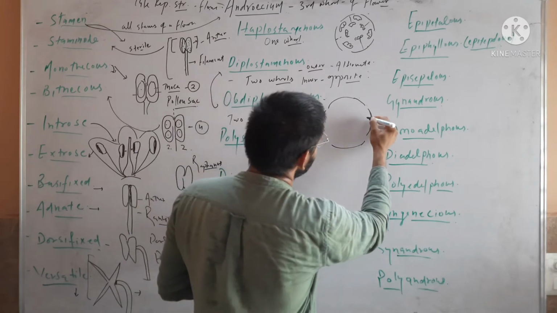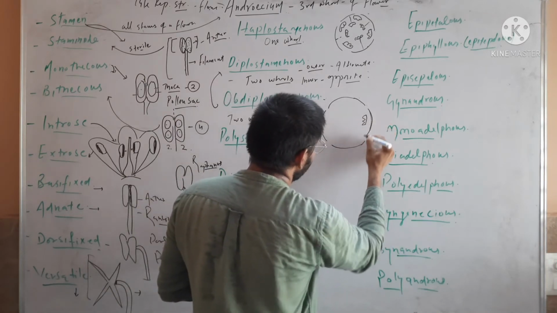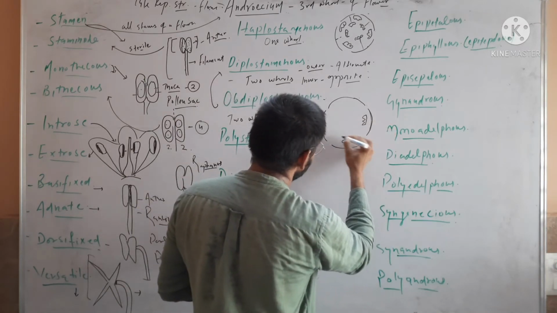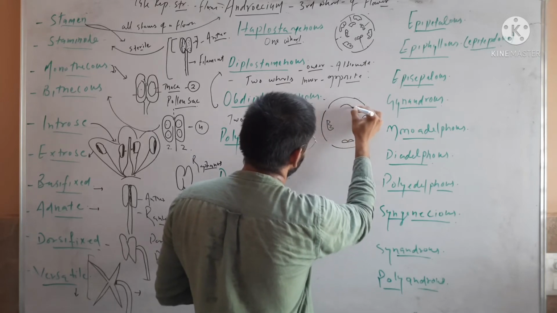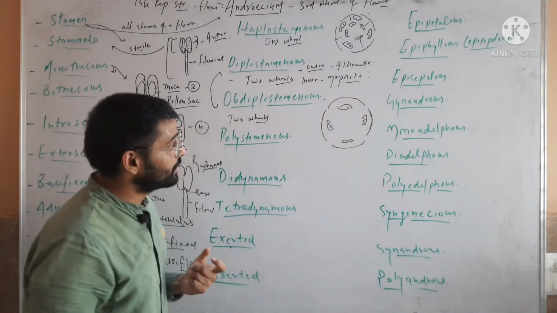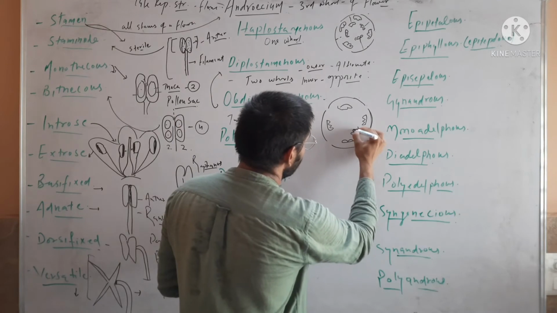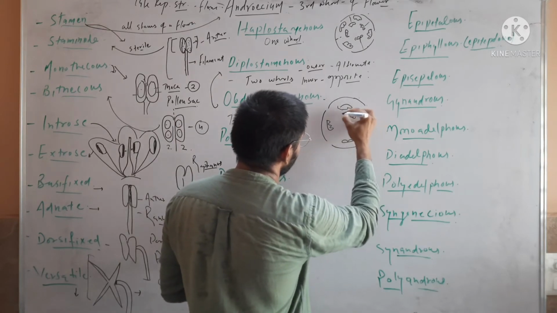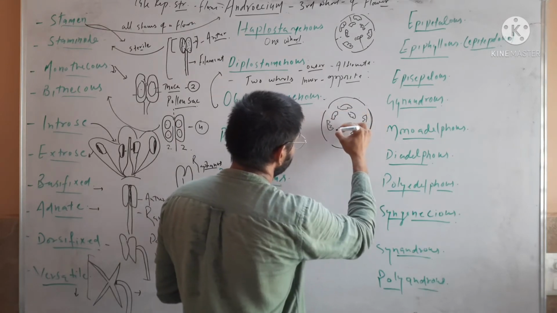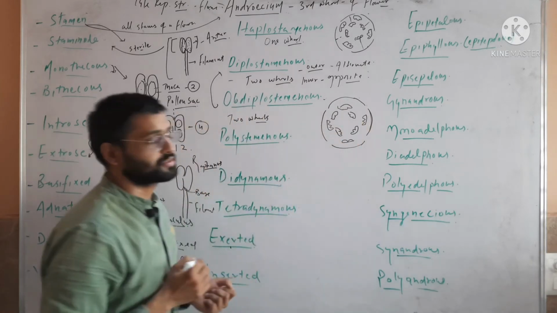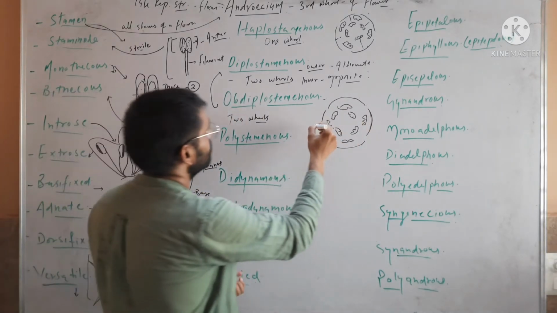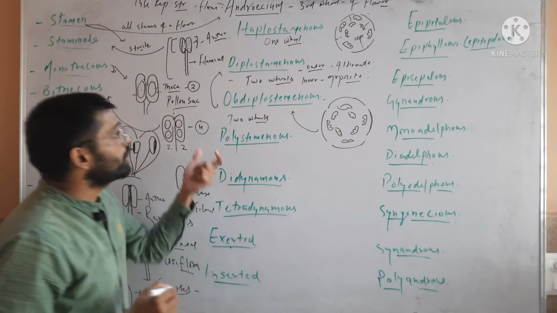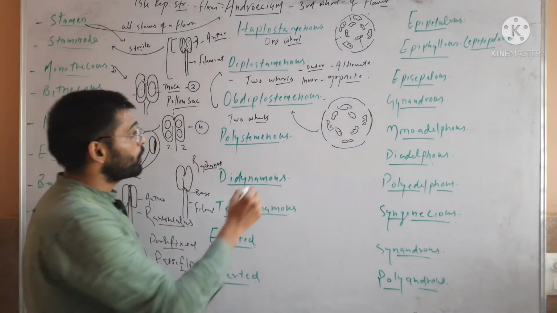The outer whorl is opposite to the petals, like this, and the inner whorl is alternate to the petals, like this. This type of arrangement will be called obdiplostamenous.